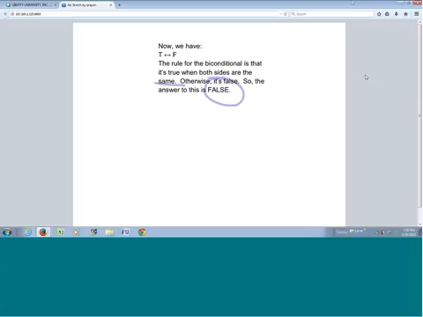And so far, we've been dealing with situations where we are told the truth value of P and Q in order to see what the answer was.